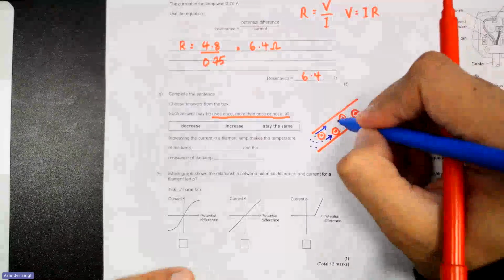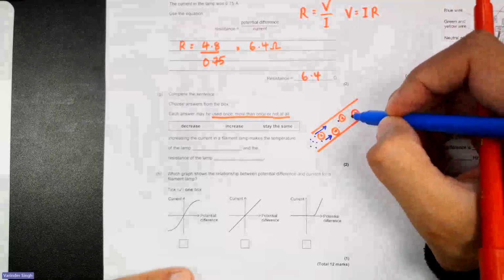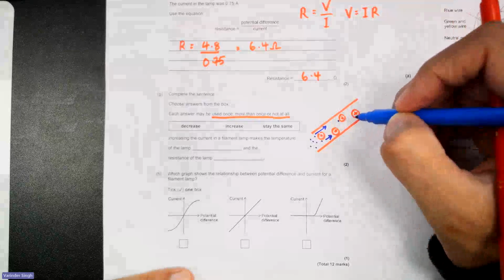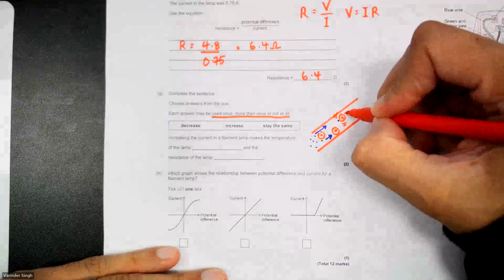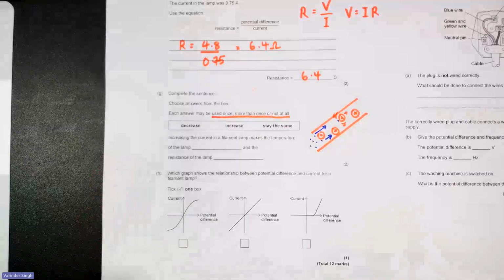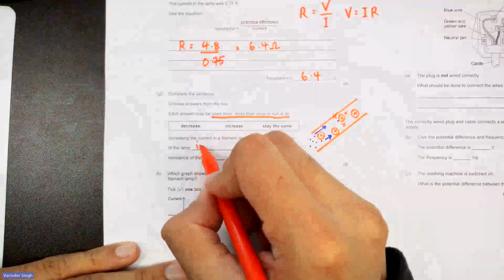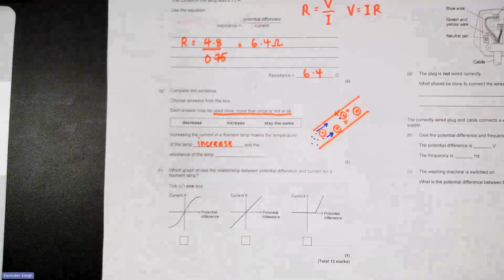Now, every now and again, these electrons will collide with the metal ions and they will transfer energy to those ions in the form of kinetic energy. That causes these to start vibrating, and that in turn increases the temperature of the material that the conductor is made of.